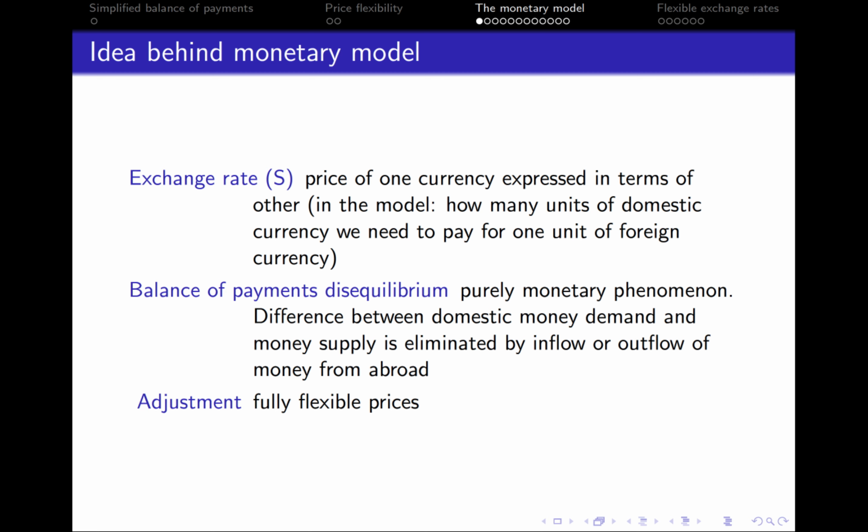It depends on how much money we have in the economy. And by this token, balance of payments disequilibria, in the view of monetary theory, are purely monetary phenomena. They simply reflect the imbalance between domestic money demand and money supply.